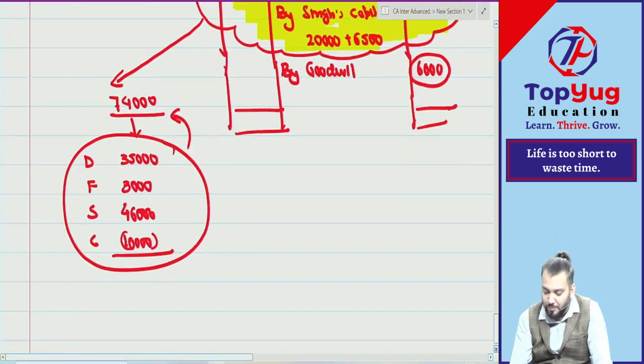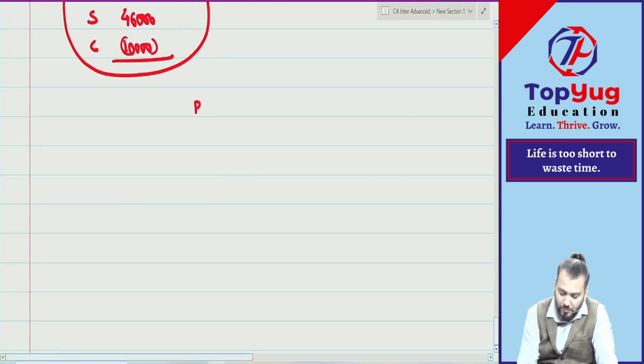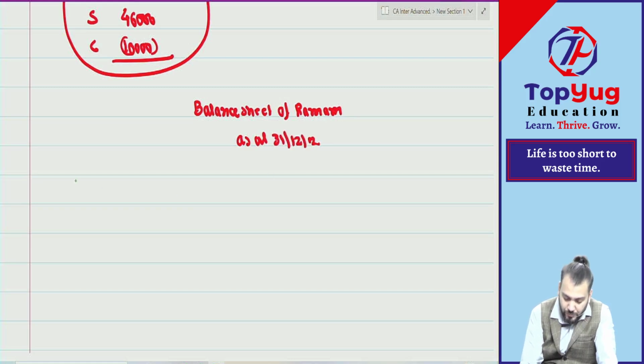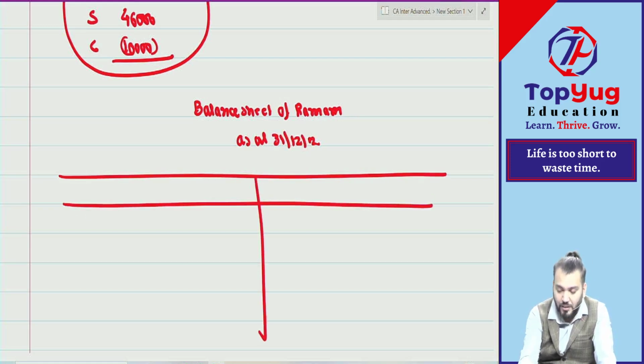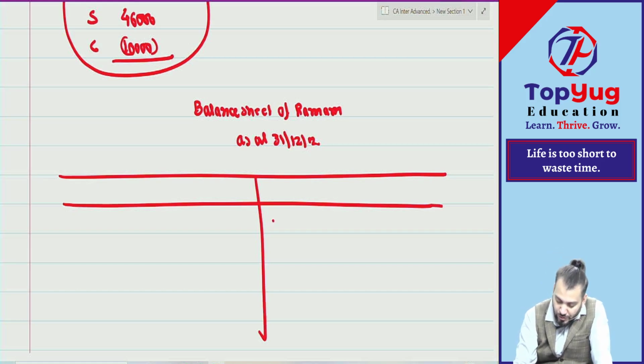Now we prepare the balance sheet. That is one minute now. Balance sheet of whom? Raman, as at 31st December 2002. So can you give me from the trial balance? How much closing stock? 50,000.